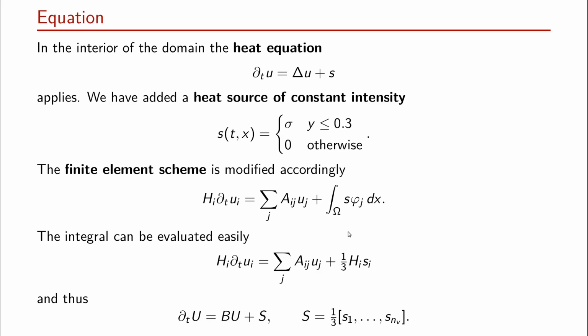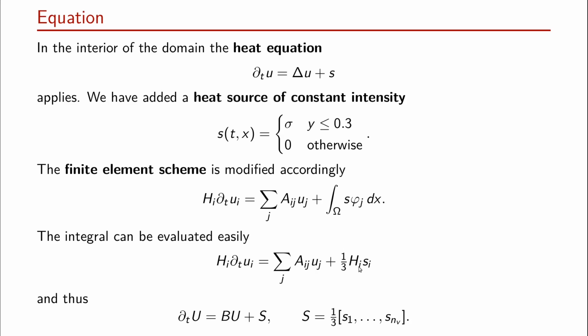You can write down the functional representations as we did before and compute it explicitly, but you can also use what is essentially a two-dimensional generalization of the trapezoidal rule, where you take the average over the 3 grid points. Because one grid point gives the value 1 and the other two give 0, we basically get 1 over 3 times hi.